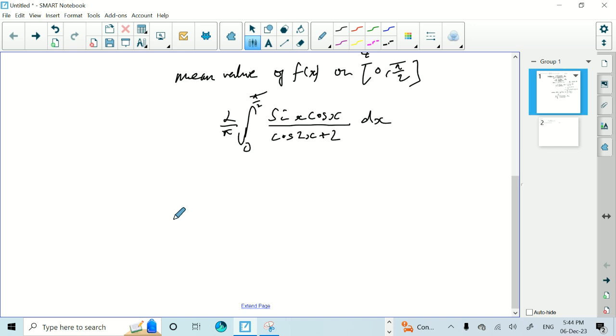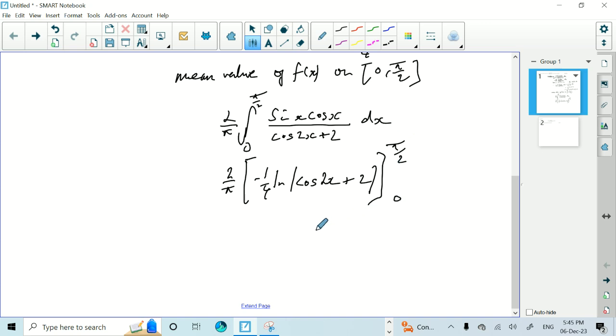We found minus 1/4 log of the modulus of cos 2x plus 2, and then we put in our limits. We have 2 over pi outside, and we have our boundaries, which is minus 1/4 natural log of cos 2x plus 2, with limits of pi over 2 and 0.